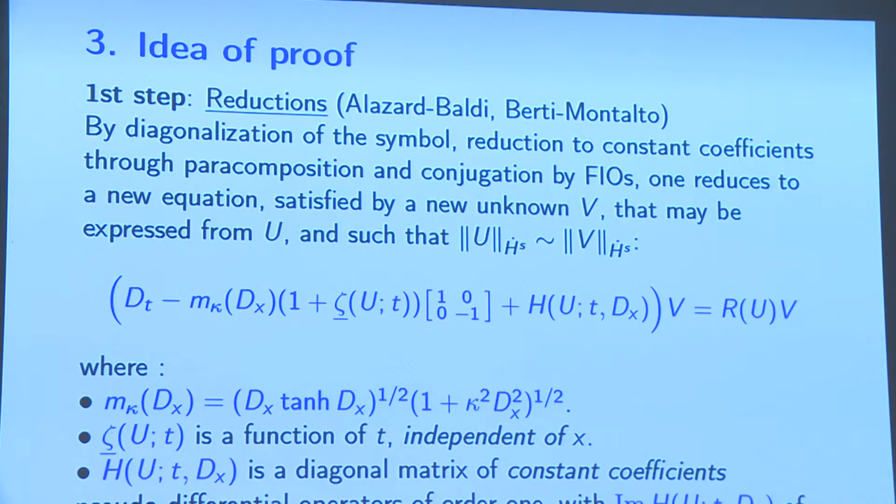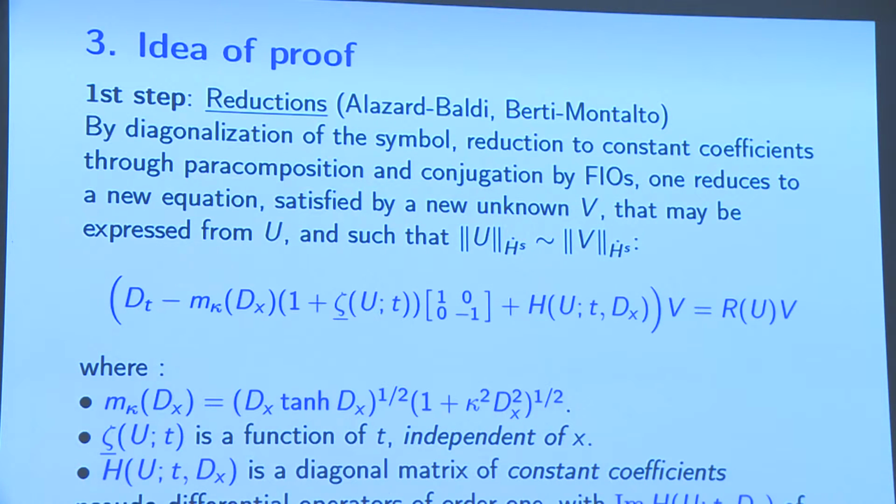I will just say that making a diagonalization of the symbol of your operator, and then making some change of variable, or actually some paracomposition, and making conjugations by convenient Fourier integral operators, you may reduce the system that I wrote before to a system which has constant coefficients.